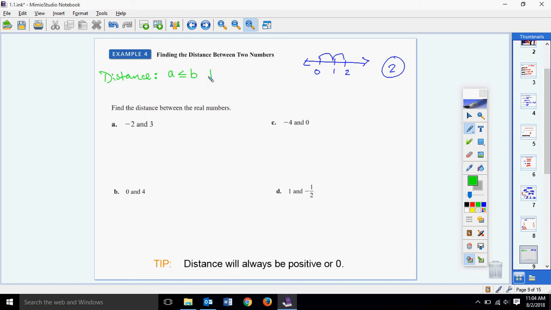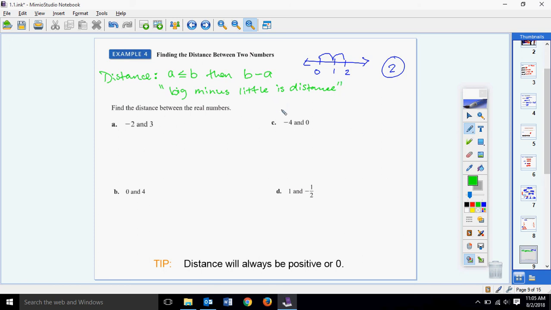If you want to find the distance, then you subtract the big number minus the little number, B minus A. So if you want to write that in your own words, big minus little gives you distance.